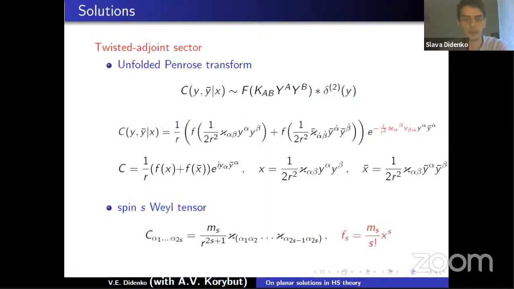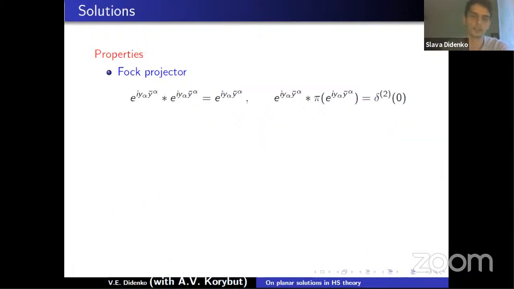And now there's a very important property: all the fields for any spins contain one and the same derivative tail hidden in this exponential, which is somewhat special in the star product algebra. It turns out to be a Fock projector. It is going to play a huge role at the nonlinear level, particularly whenever it finds its twisted version.